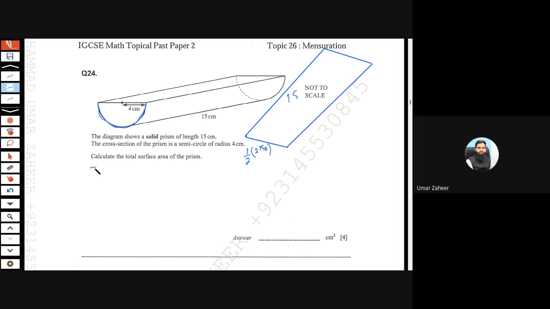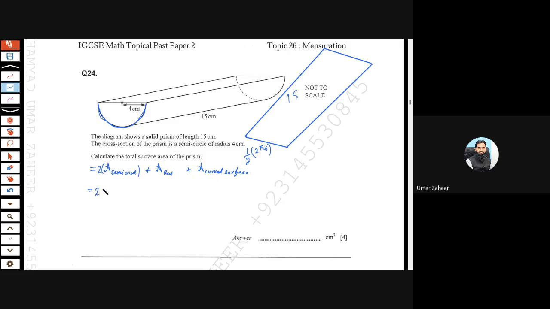So the total surface area is equal to the area of the semicircle multiplied by 2, because obviously you have the area on this end and on this end as well, plus the area of the rectangle that is on the top, plus the area of the curved surface.